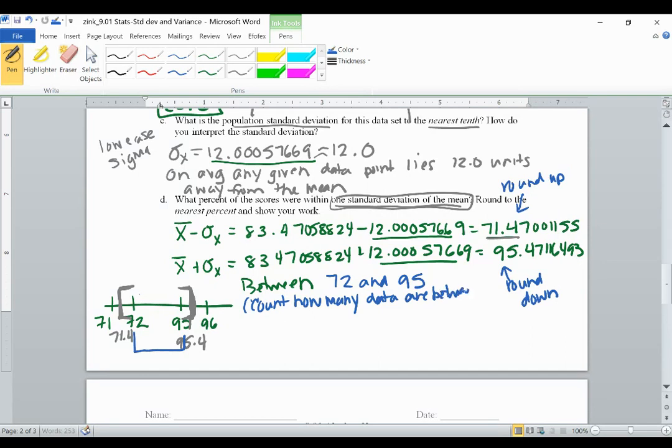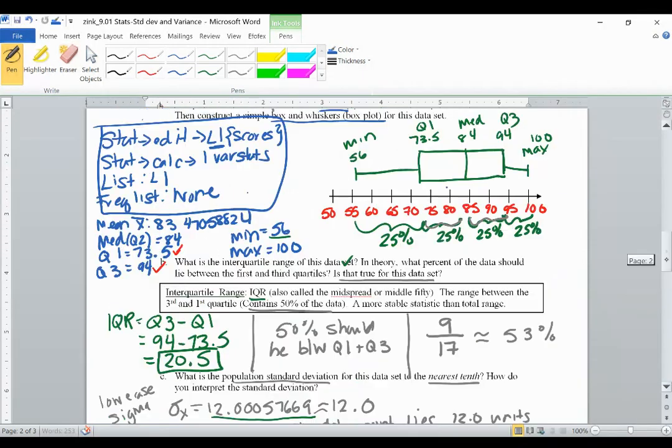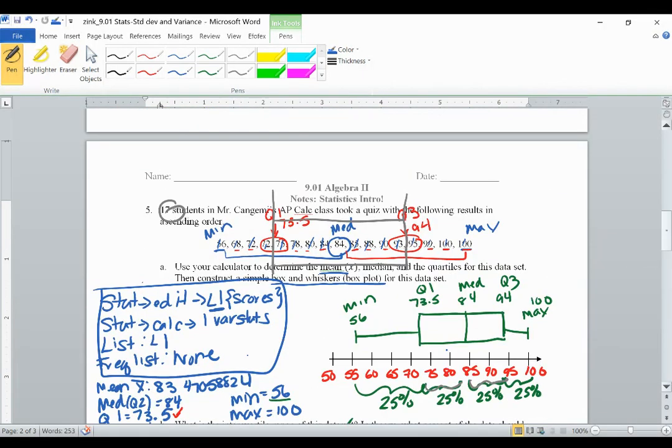So go up to your data again. We're going to count, and we have to be at 72 or above. Got a lot of colors on here. Let me erase some of it.